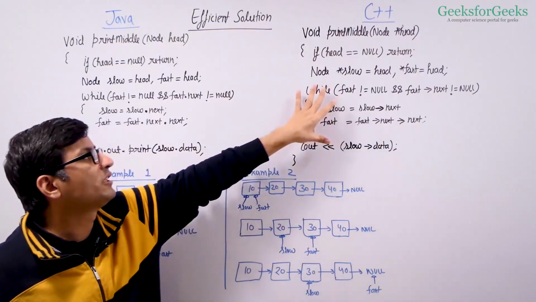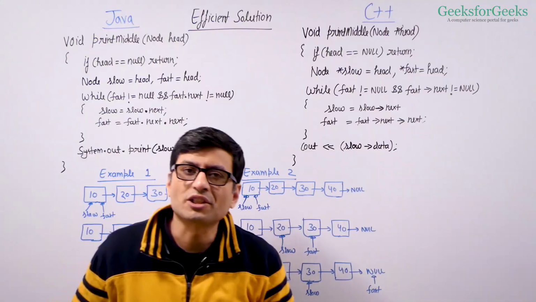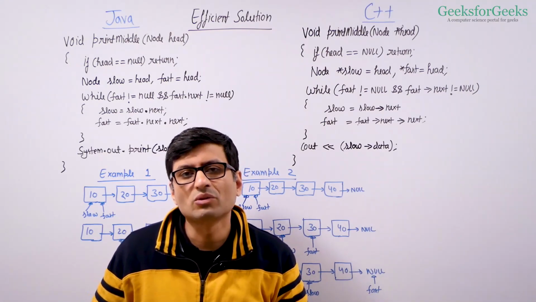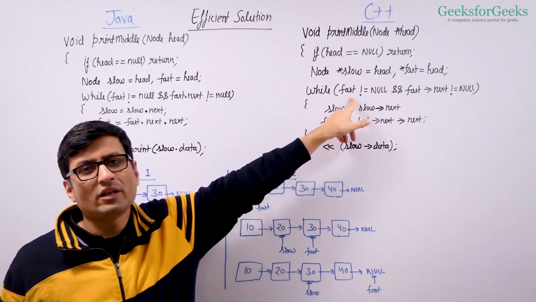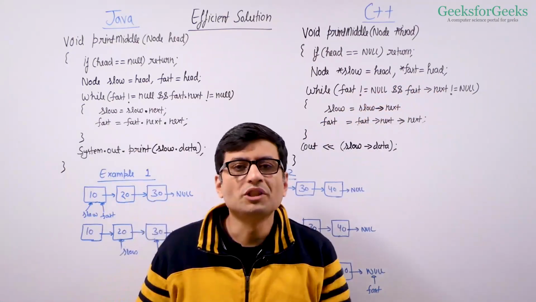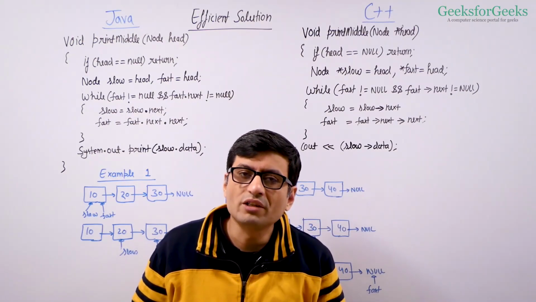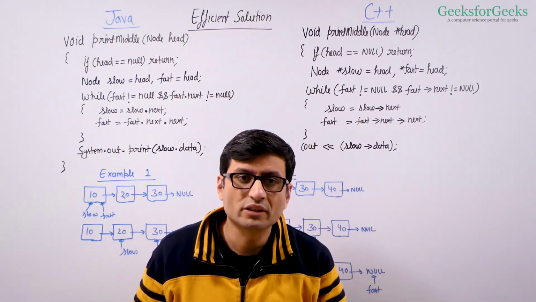This is what we have done in these implementations. This is the C++ and this is the Java implementation. We have initialized slow and fast as head. Then we have run a loop. Inside this loop, we are checking for this condition: while fast is not null and fast next is not null. Please note that the fast not equal to null condition is required even when all input linked lists are odd node linked lists.